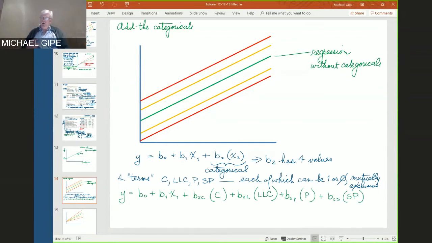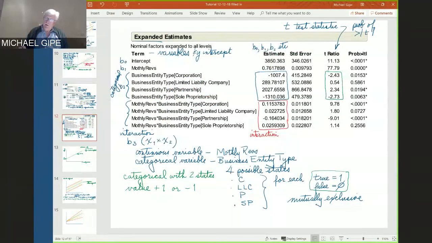So now you can see what goes on here. If you were to take any particular data observation, we could take the intercept, add to it the slope of the monthly revenues, B1 times X1, plus one of these subterms. So if it was an LLC, the value of LLC would be 1, and we would add to this model the value of the estimate for LLC, which is 289.78.